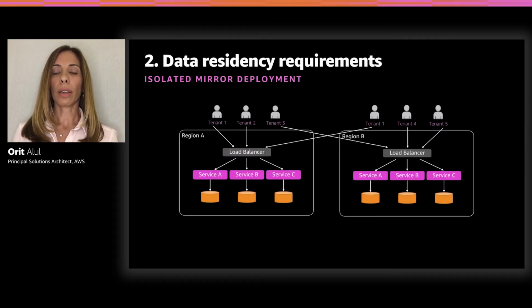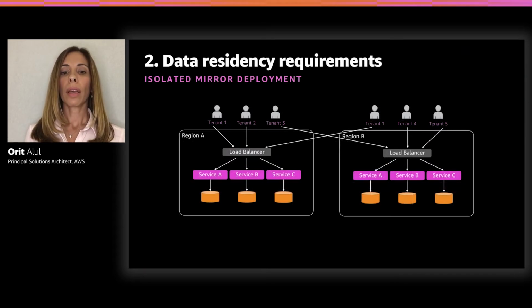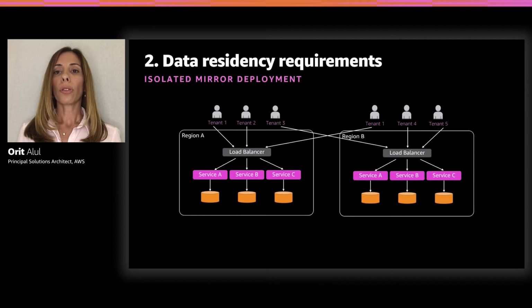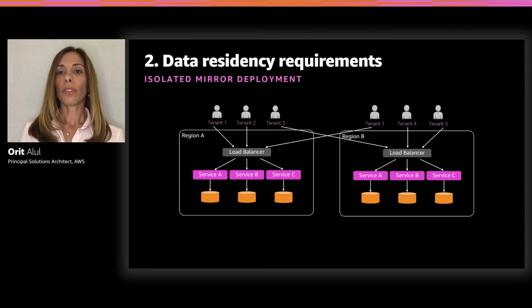Another reason we identified for multi-region deployment is data residency, when we have legal or regulatory compliance that requires that data and services must be hosted in specific geographic regions. And we have many use cases for this requirement as well: applications in the health and medical domain, financial applications, and many others.